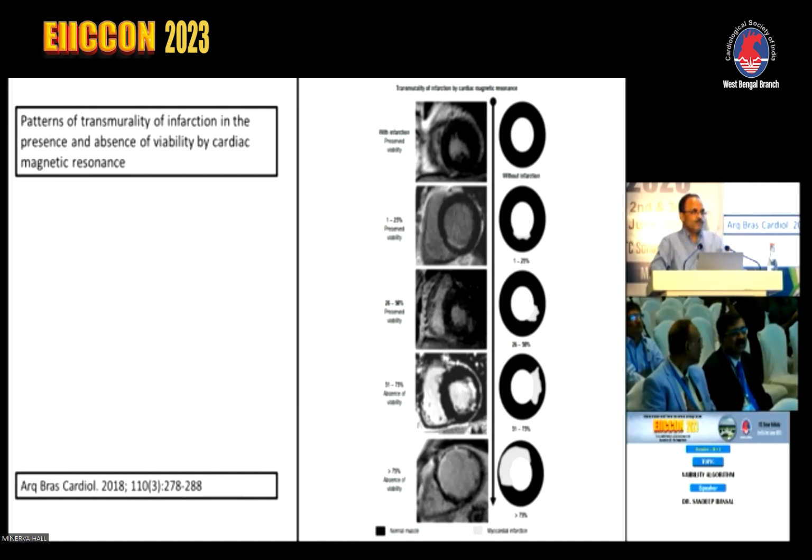If the scarred area is more than 75%, then it is clearly sure that this is going to be a non-viable area. If it is less than 50%, we are pretty much sure that this is going to be viable. And if it is between 50 to 75%, we do contractile reserve testing, and then we are able to predict the viability.